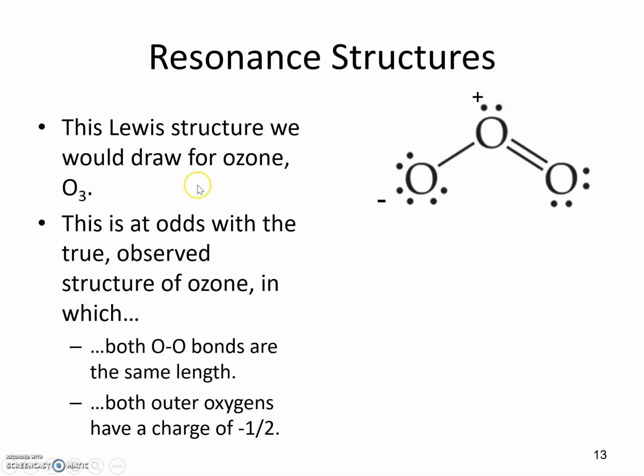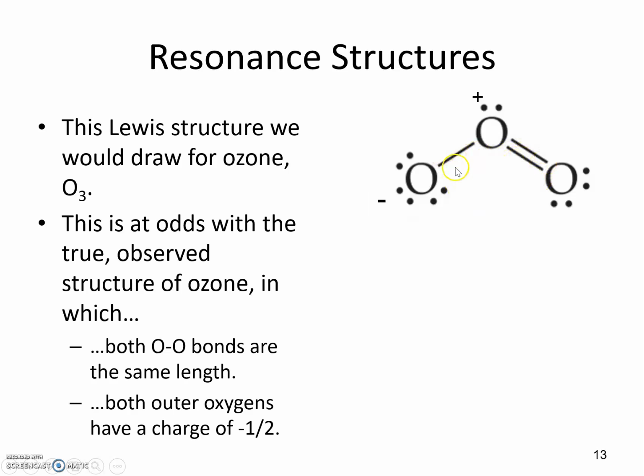What we know about ozone when we look at the data, using things like X-ray crystallography and looking at the size of the dipoles, is that the bonds between the adjacent oxygens are actually the same length. This is a bit unexpected if we look at this diagram, because normally we would expect a single bond to be a bit longer than a double bond.